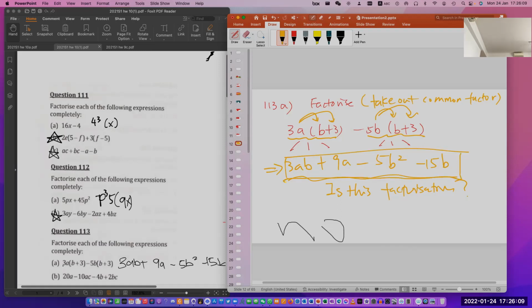You are not taking out any common factor, but you are actually doing expansion by opening the brackets. So if the question changes, not factorize, they say expand, then you go and open the brackets.